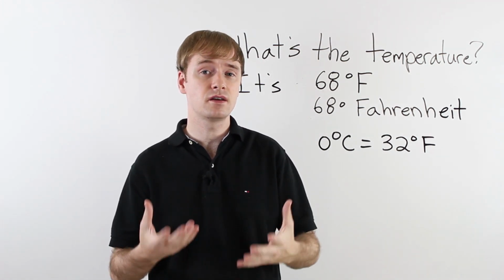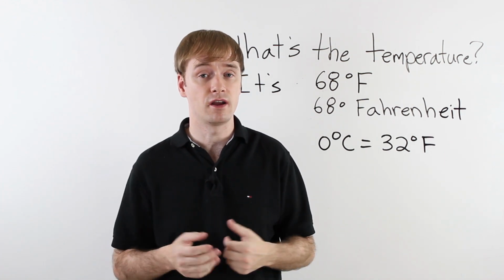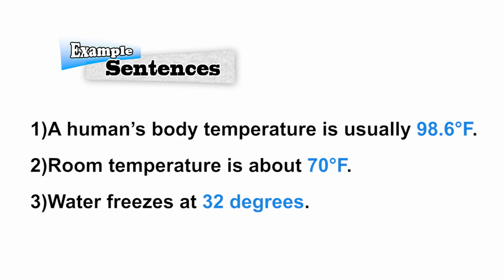All right, let's look at a few examples of Fahrenheit. The first example, a human's body temperature is usually 98.6 degrees Fahrenheit.